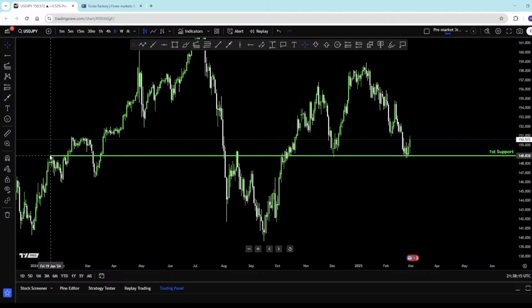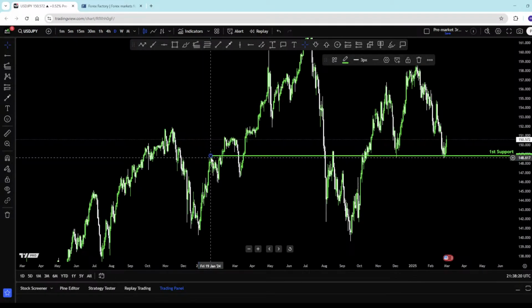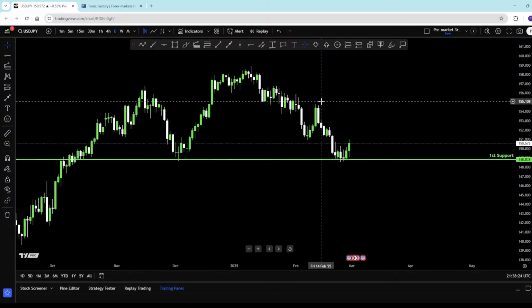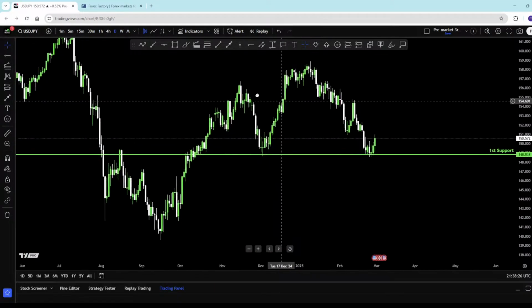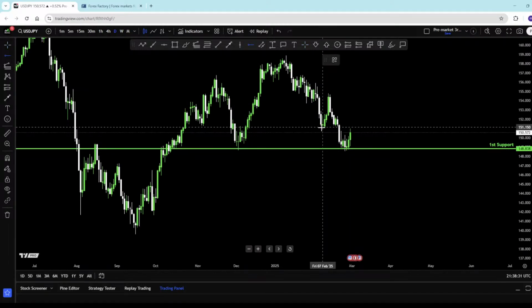A good habit is to try and pull it back as far as you can without cutting too many bodies of candlesticks, just so you can see how many times price has reacted off this level in the past, because it's likely to happen again.